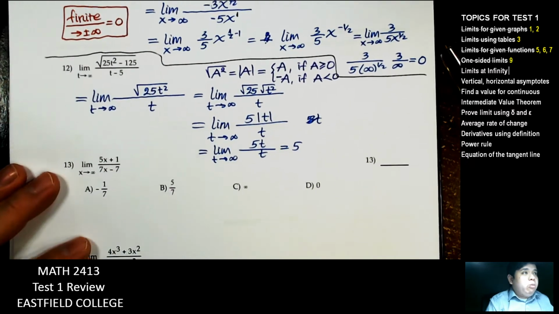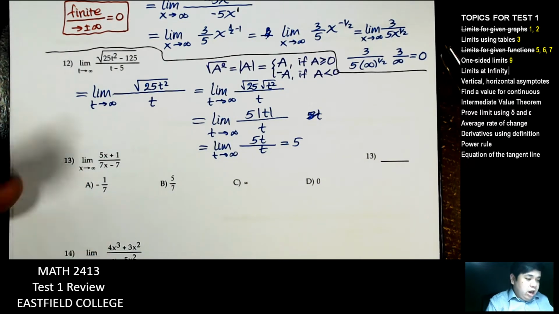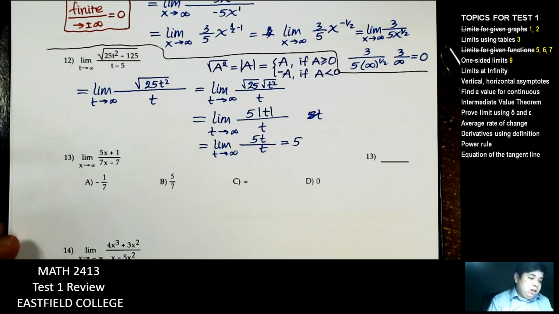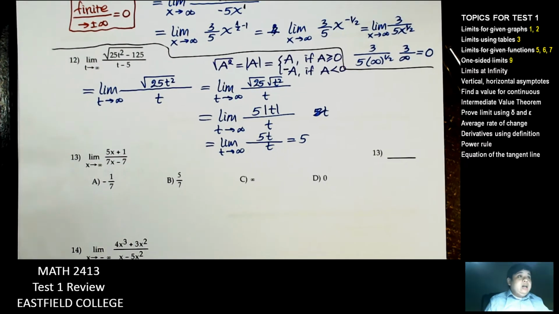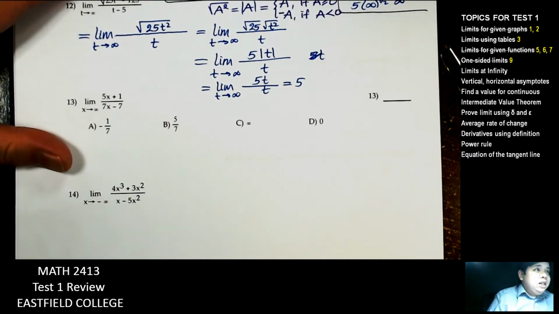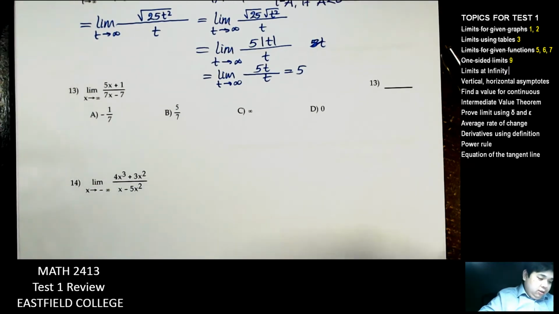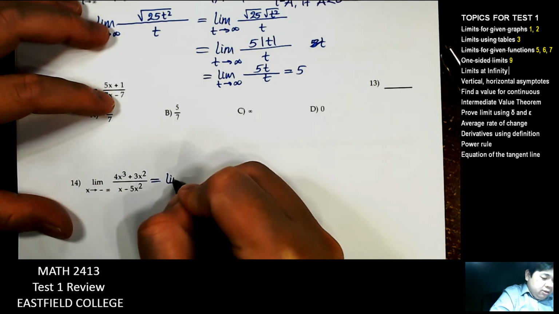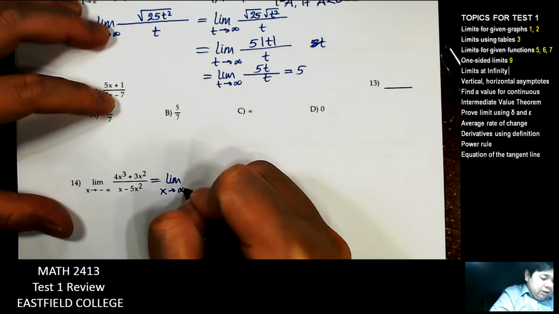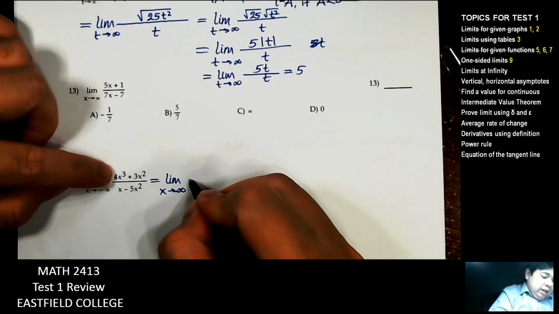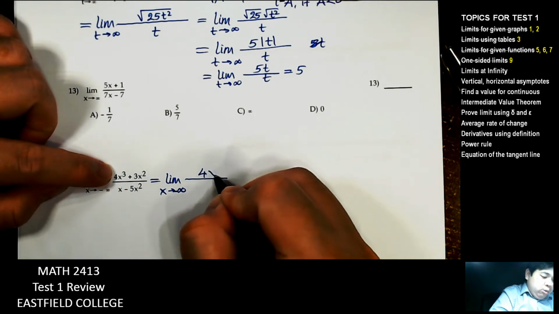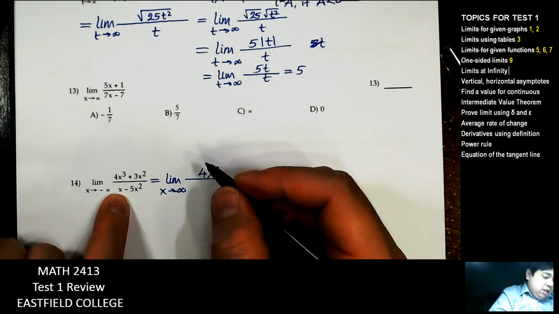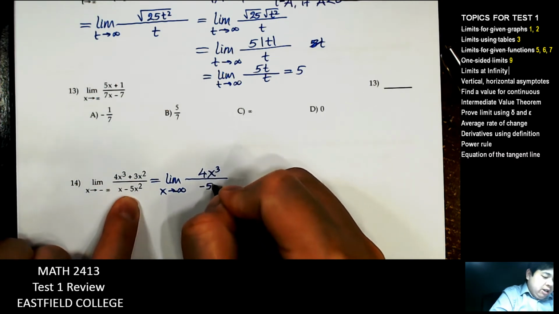So the rest of the problem is pretty simple. We take the highest power on the top, the highest power at the bottom, and then try to simplify. Right. I'll take a look at 14. If we take the highest power on the top, it will be 4x cubed. And at the bottom, the highest power is not the x, but it is negative 5x squared.